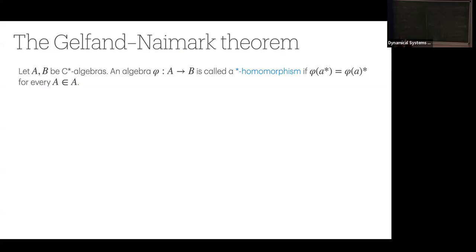So this is a priori just an algebra homomorphism, but the C-star norm implies that these are always going to be norm decreasing and hence continuous. So this is one of the really nice examples of the C-star magic we get from the norm. We don't need to ask for continuity. It's automatic, which means that in some ways you can really just consider the algebraic properties, which is really nice.